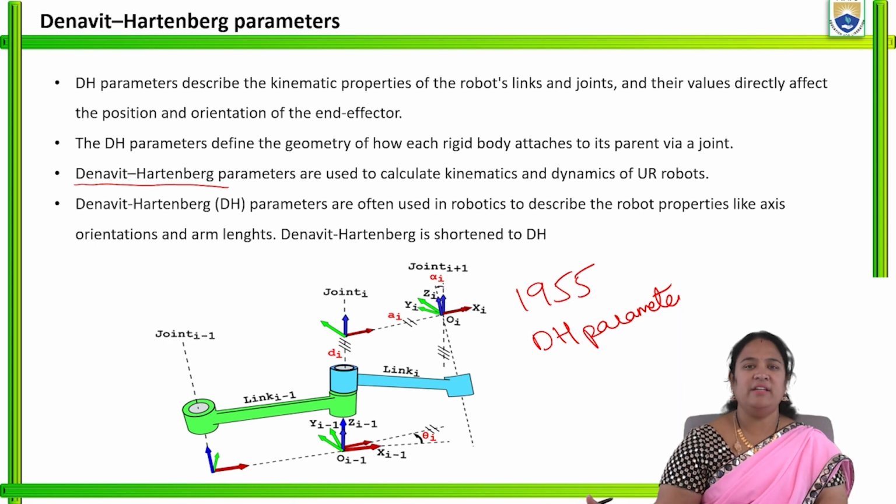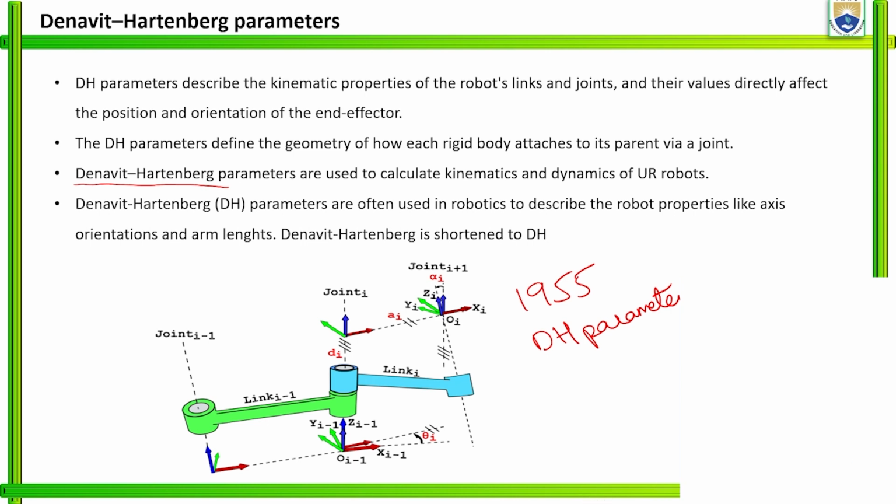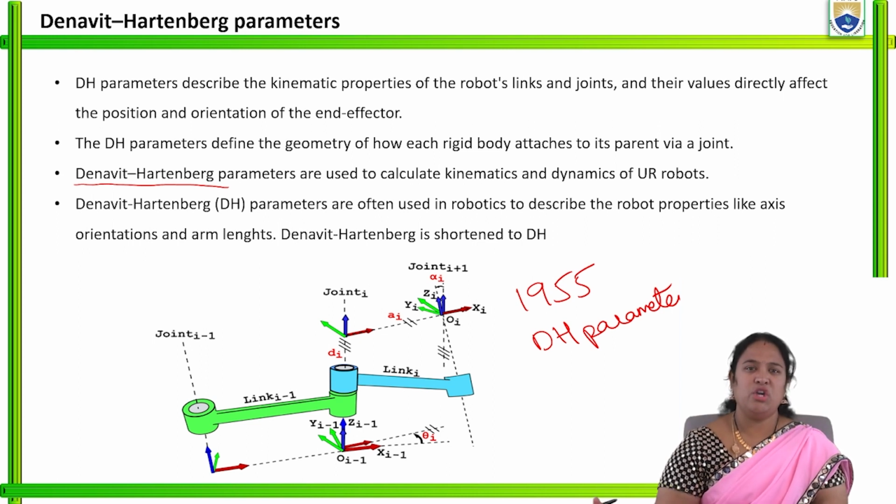Why is this particular DH parameter used? What is the use of this DH parameter? It is used to describe the kinematic properties of the links and joints of the robot, where the values directly affect the position and orientation of the end effector.